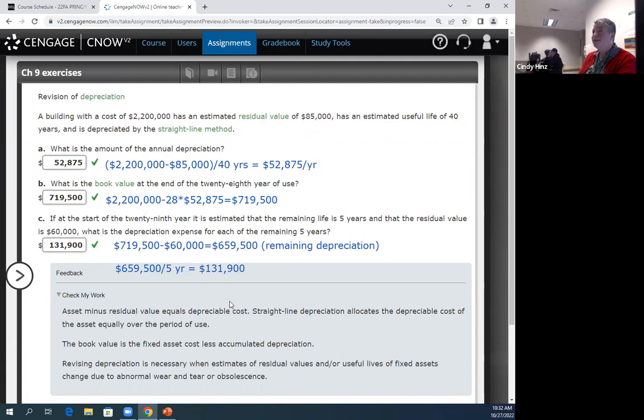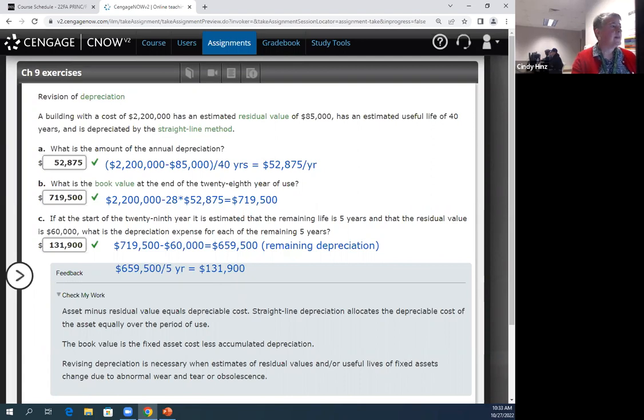So it is necessary for us to make that change as soon as we become aware that, hey, this building's not going to last us 40 years. And it's not going to be worth as much as we thought when we are done using it. Everybody good so far?